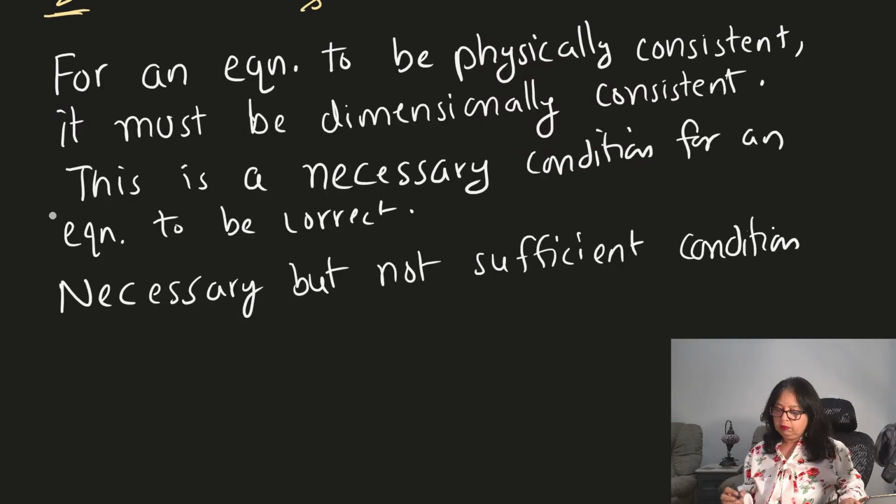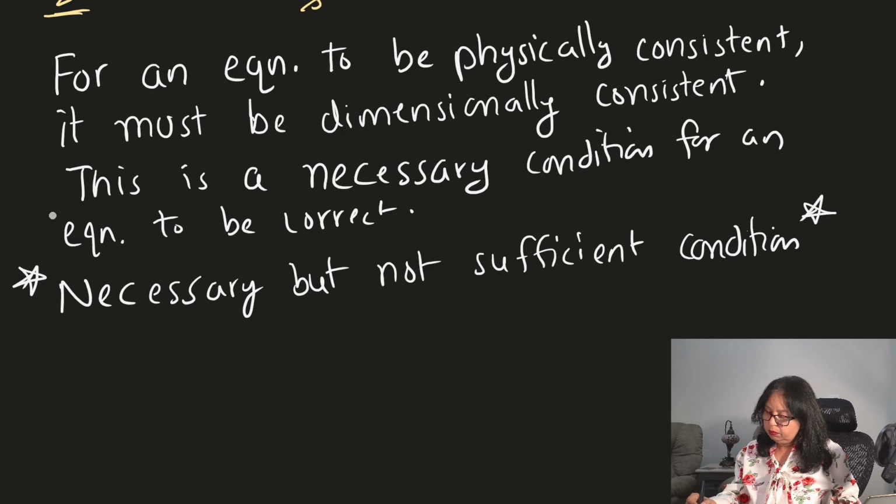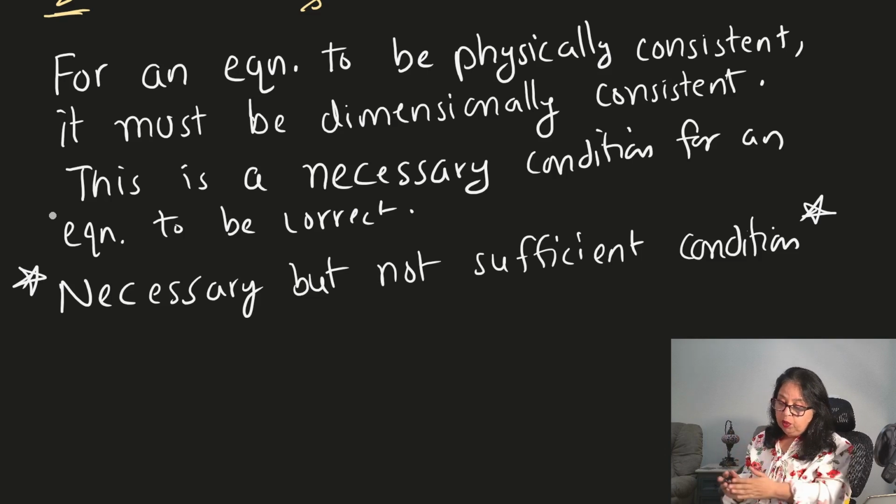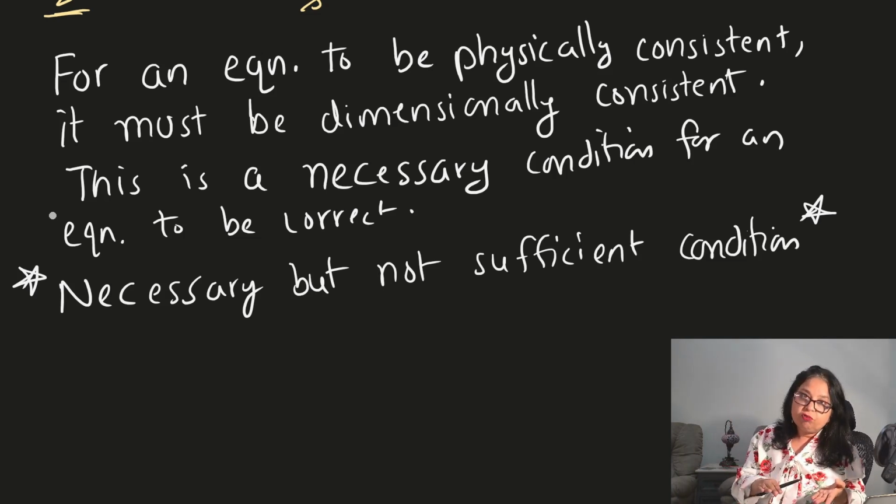If you have done math, you will have learned this way of making statements: something is a necessary but not sufficient condition for a theorem to be correct, or it is a necessary and sufficient condition. The principle of homogeneity must hold true for an equation to be correct. But just because it holds for a given equation does not mean the equation is physically correct. It could still be a wrong equation.